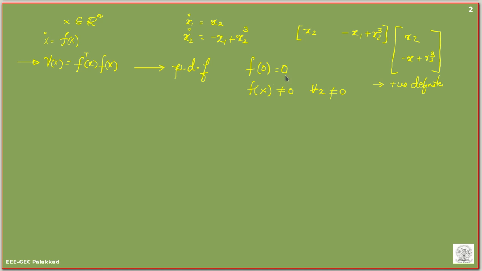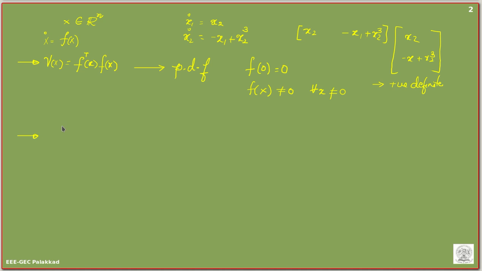So we should have only the equilibrium point at the 0 point. So this is one condition for V of x equal to f transpose x f of x to be a positive definite function. So once we have defined this function V of x like this, we can apply the Lyapunov direct method here.